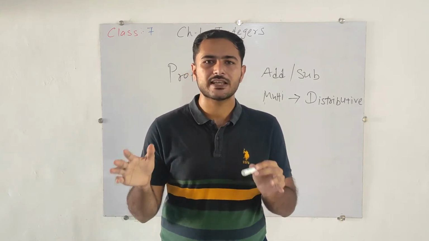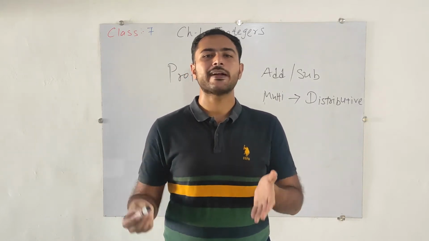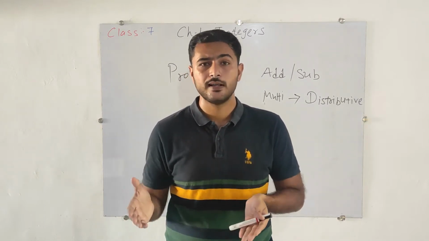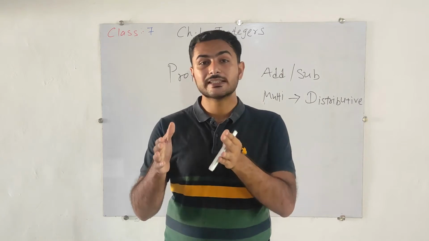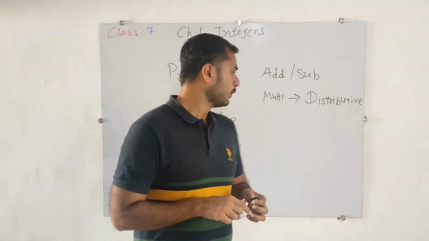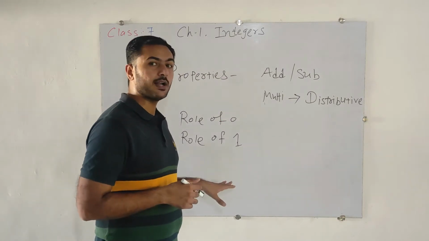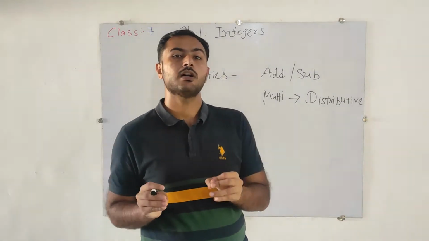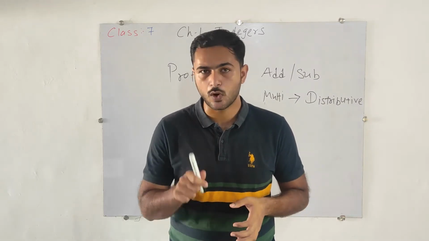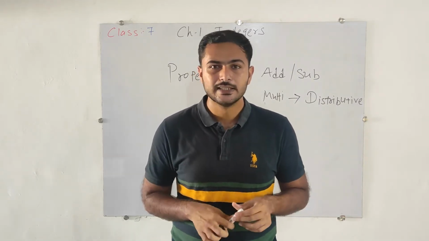There is no change in that. Similarly, the multiplicative identity is 1, because 5 ones are 5, 1 lakh ones are 1 lakh, and 7 crore multiplied by 1 is also 7 crore only. Whenever we multiply with 1, the number will be as it is. So the multiplicative identity is 1 and the additive identity is 0.